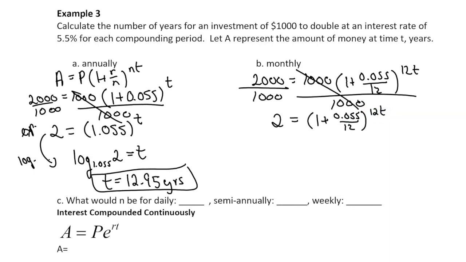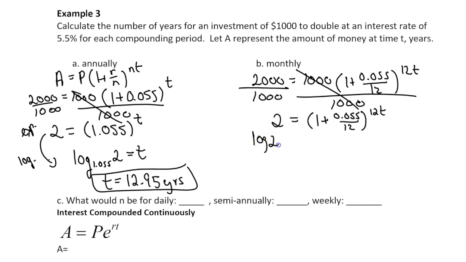This one becomes a little more complicated depending on how you want to do it. Your base would look a little bit stranger. You're welcome to put this into log form, but you could also try logging both sides, so both are acceptable methods. I'm going to show you what happens if you log both sides.